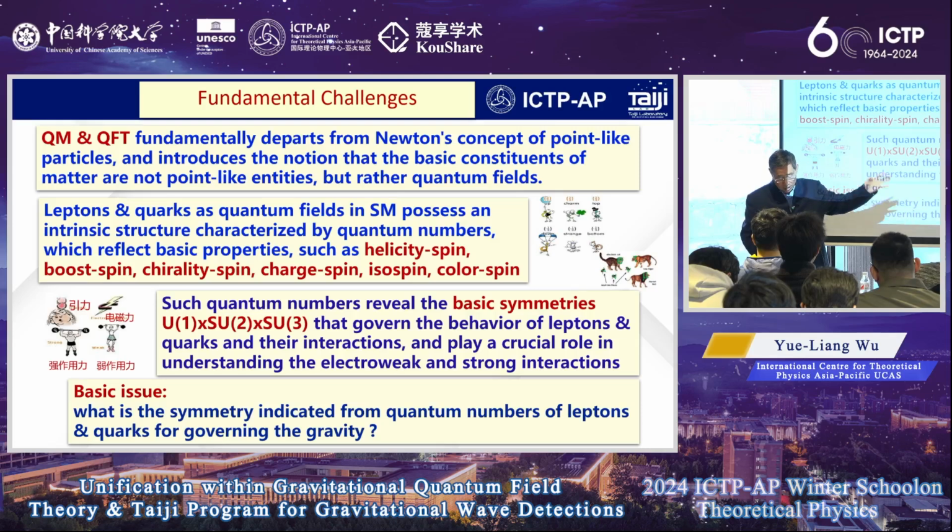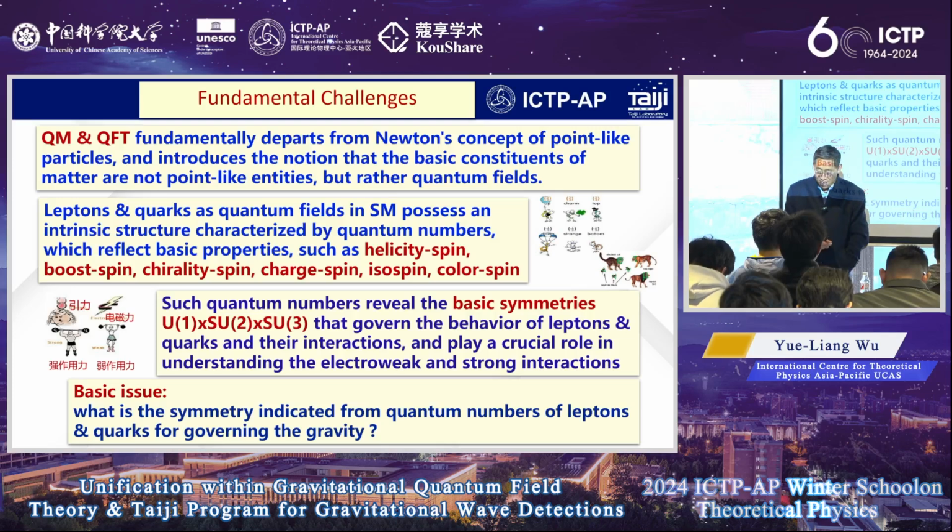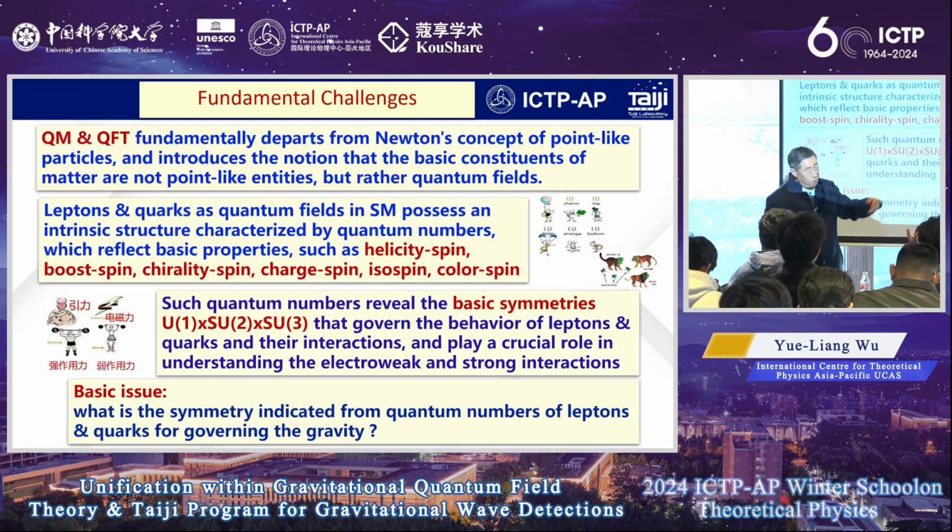That is the general relativity of Einstein in his time. Because at that time he only knew special relativity, then extended special relativity, the symmetries of coordinates. But now we have leptons and quarks. We know their symmetries, their quantum numbers. So we should start from the leptons and quarks.